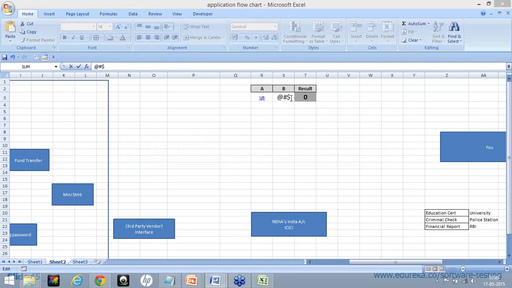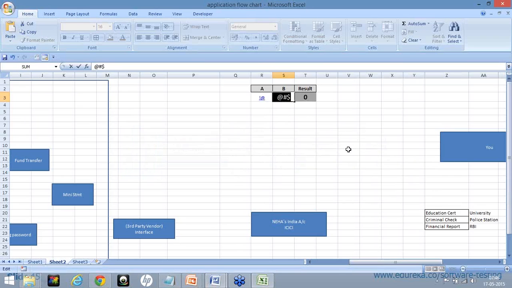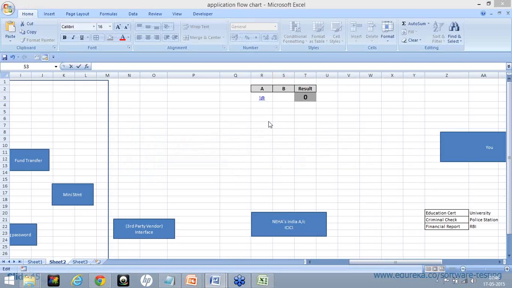Then the developer will write some error handling, saying please enter only numerical values, don't enter text or special characters. You understood? This is how your intention should be. All your intention is to somehow break the system so that it does not work, and your test cases should be written like this.